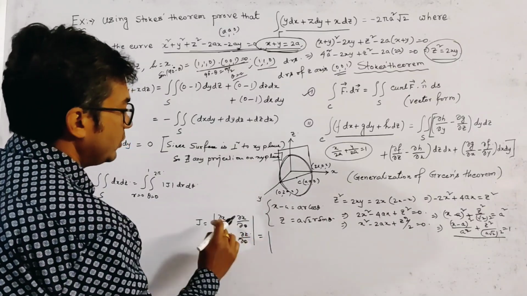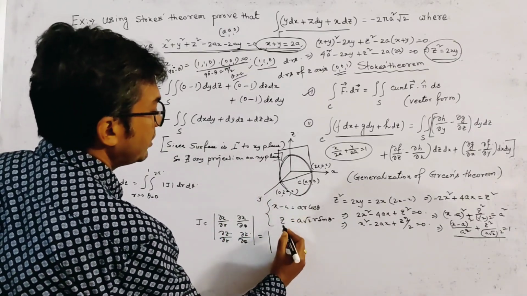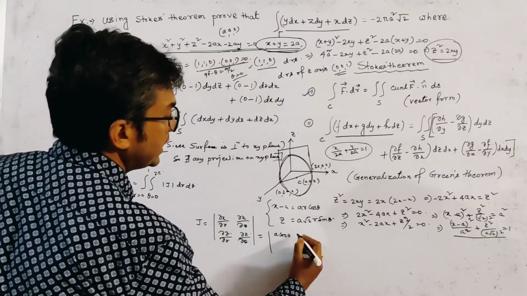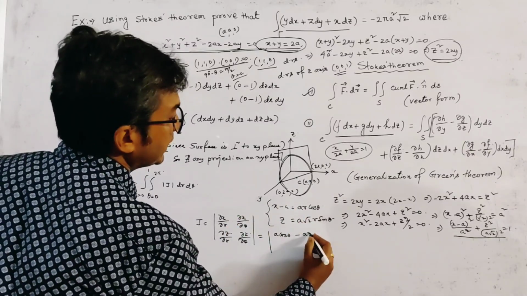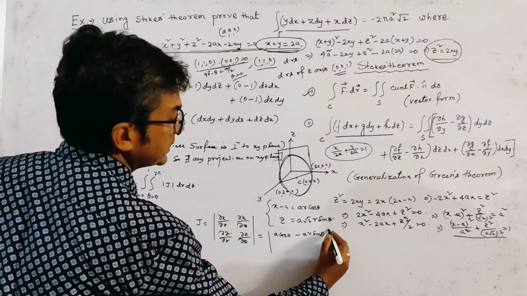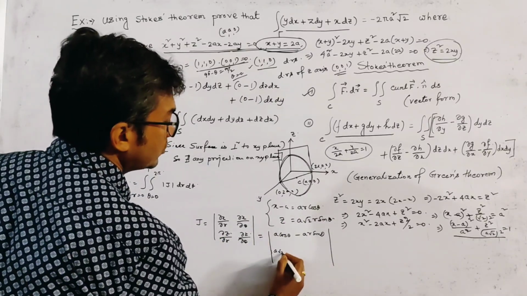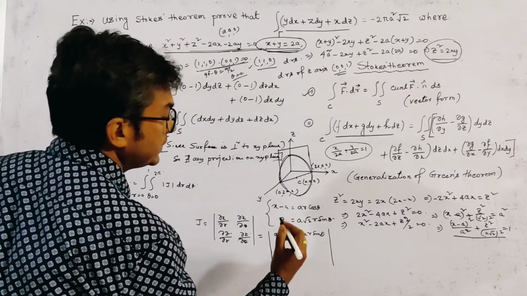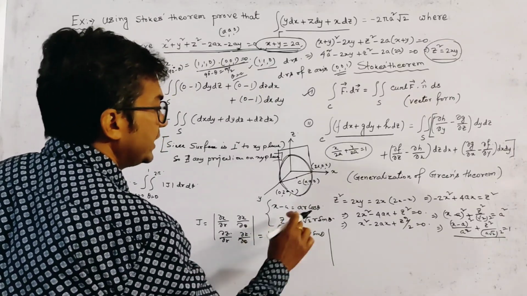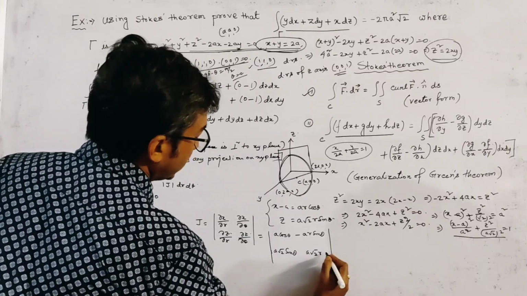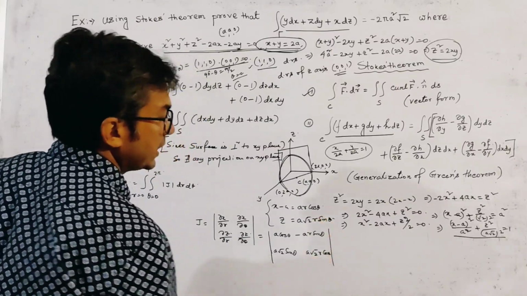Here del x by del r is a cos theta, del x by del theta is minus a r sin theta, del z by del r is a root 2 sin theta, and del z by del theta is a root 2 r cos theta.